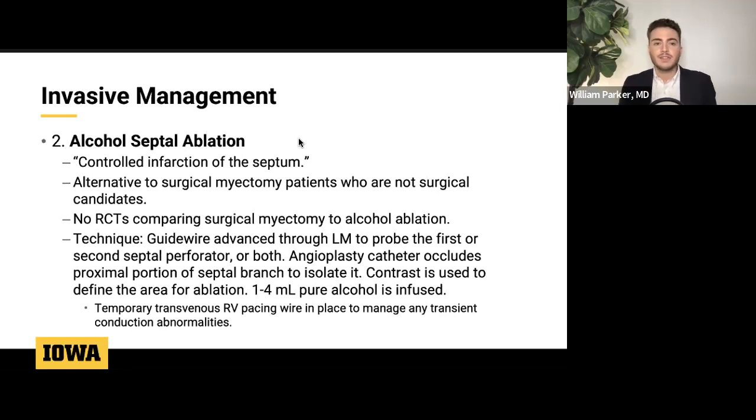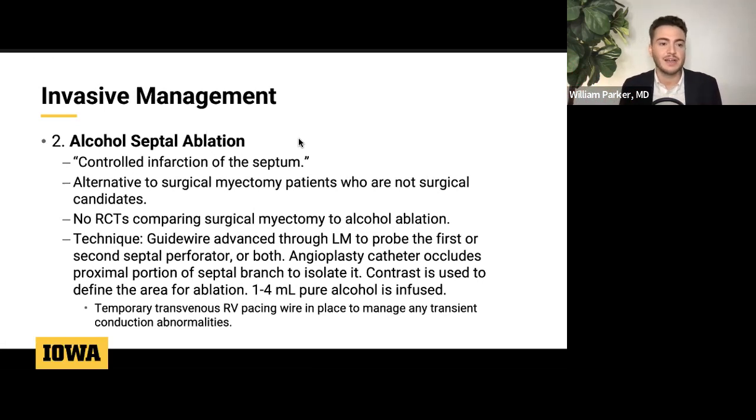The technique is interesting. So you use a guide wire to go into the left main and into the first or second septal perforator, or both. Use an angioplasty catheter to occlude upstream of the vessel you're going to ablate, and then use contrast to make sure that you formed that seal, and then inject 1 to 4 mL of essentially Everclear pure alcohol.